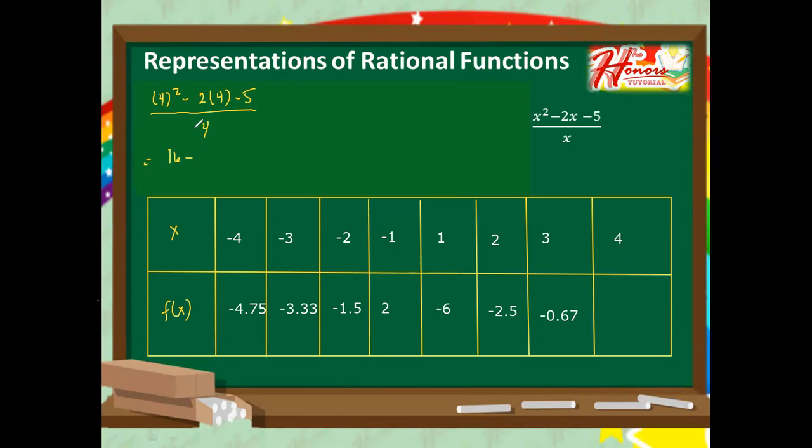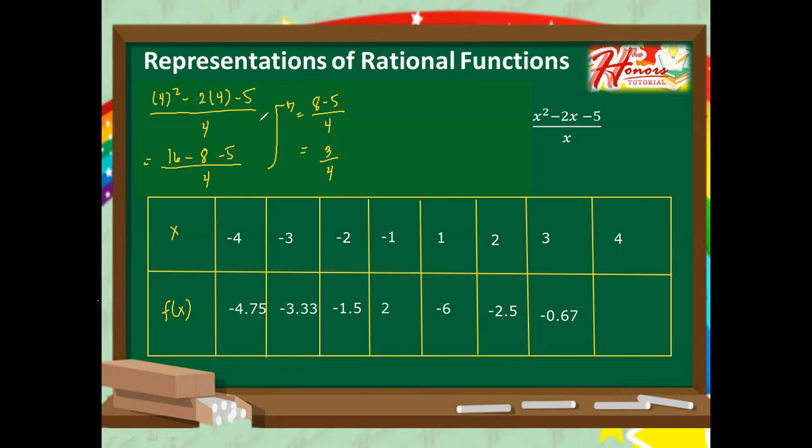Negative 2 times 4, that is equal to negative 8 minus 5 over 4. 16 minus 8, that is equal to what? That's 8 minus 5 over 4. 8 minus 5, that's 3 over 4.